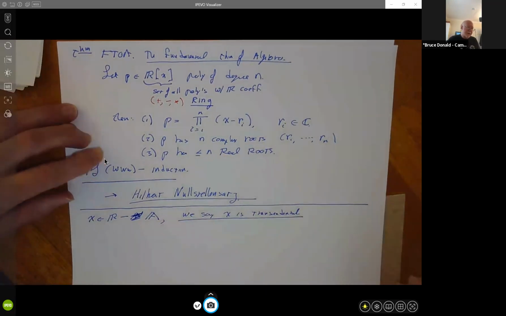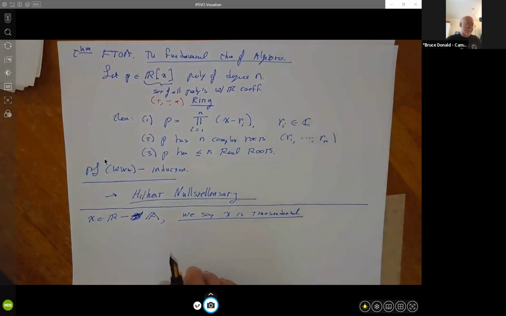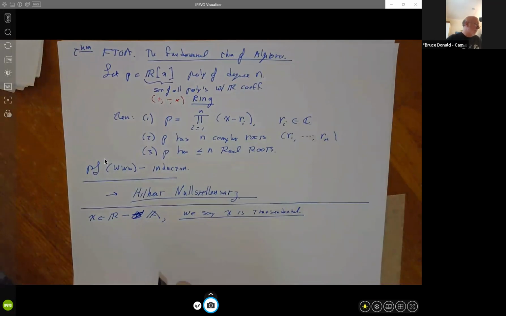So transcendental numbers aren't the roots of any polynomial. Very strange creatures. We haven't shown that there exist any such things yet. But in fact, if the algebraic numbers are countable, they must exist.